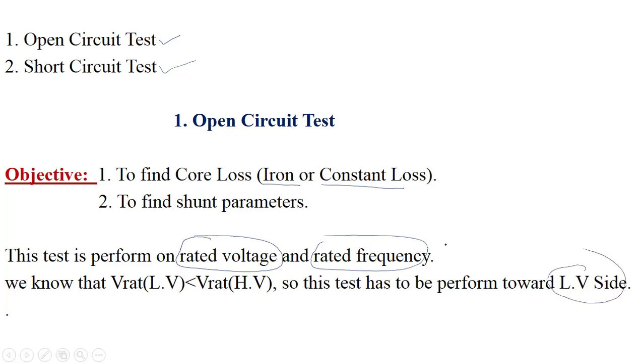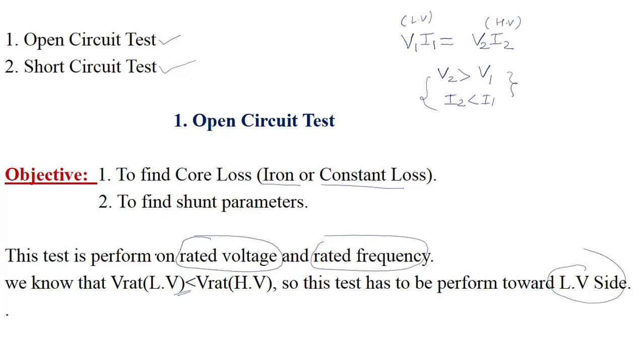What is the reason to perform this on the low voltage side? We know that the rating of the transformer remains the same on the primary side and secondary side, that is, V1 I1 must be equal to V2 I2. If V2 is greater than V1, because we are considering this as the high voltage side and this as the low voltage side, it means that I2 must be less than I1. This must be satisfied.